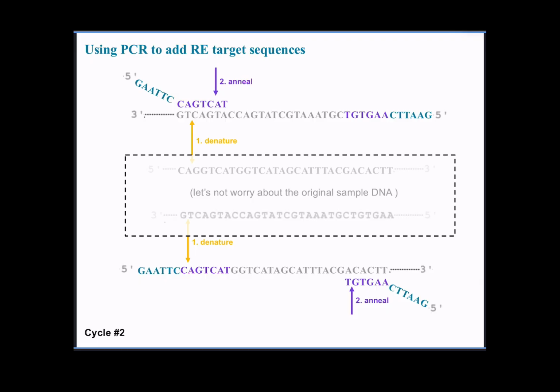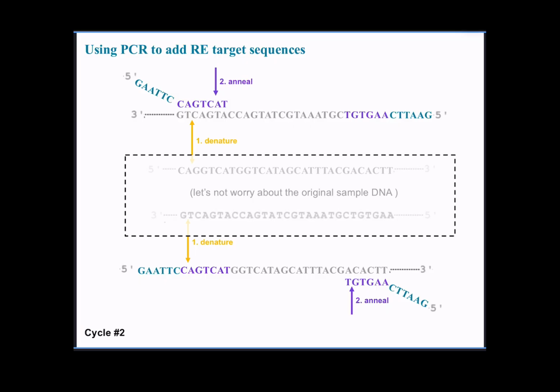Why? Because this region here is still a copy of what was present in that original DNA molecule, and this restriction enzyme site was not there. So normally you would have the primer bind fully to the beyond amplicon in cycle 2, but not in this case.